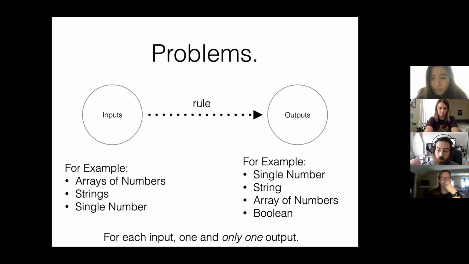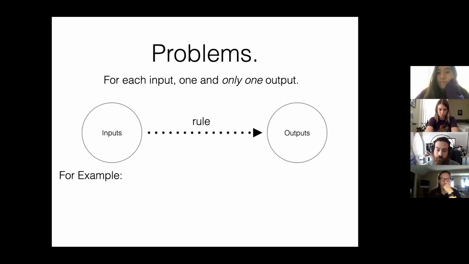And the rule should have the property that for each input, there's one and only one output, okay? So that's a problem. It's this very precise setup where we have this precise world of inputs, precise world of outputs. You can think of them as your favorite types from your favorite programming language. And each input goes to one and only one output.